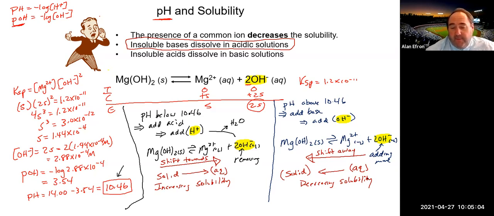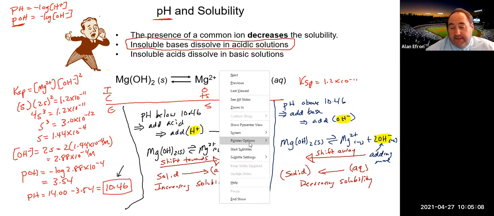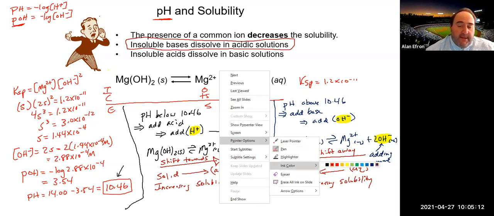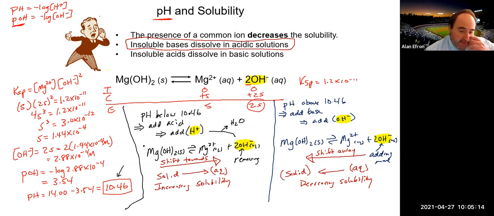Now, you may be wondering, does it have to be straight-on acidic in terms of the solution? What I mean by that is, this is why this baseline pH is really important.